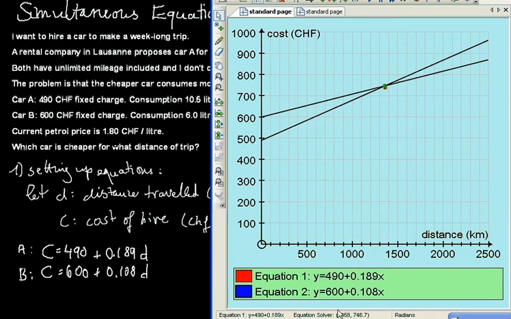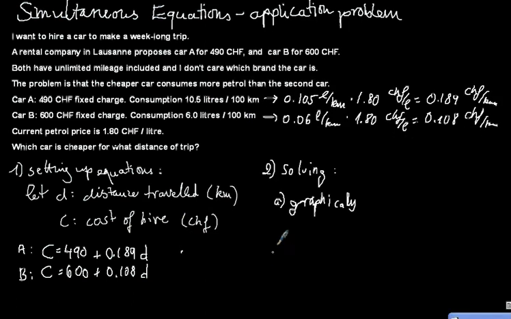And down here I can see 1,358. So it tells me that the distance for which these two costs are equal is 1,358 kilometers. In other words, if I drive more than 1,358 kilometers, then car B will be cheaper. If I drive less than that, then I should choose car A.